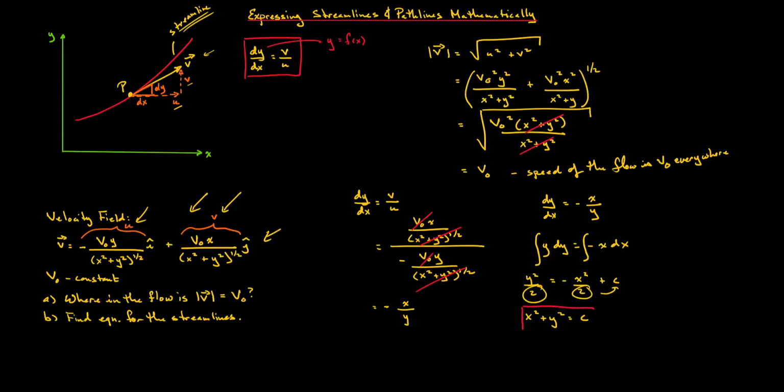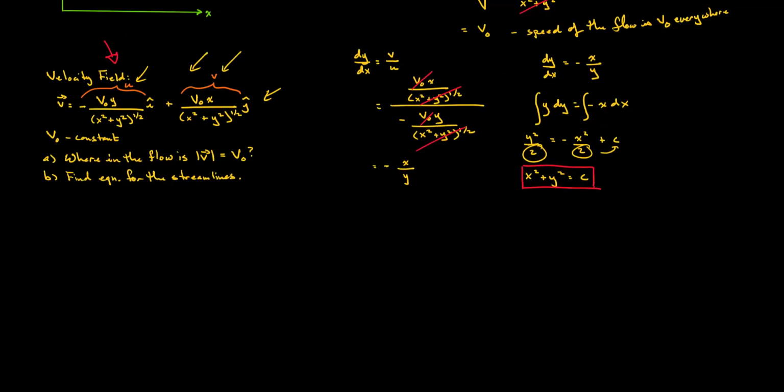So what does this tell us? This is the equation for a streamline for our velocity field given here on the left. So the streamline is everywhere tangent to the velocity vector, and it is defined as x squared plus y squared is equal to some integration constant.